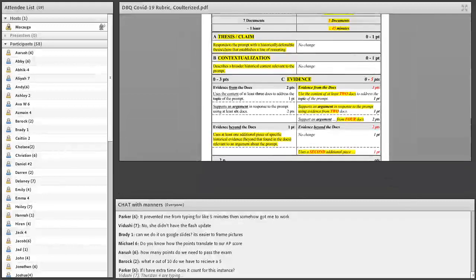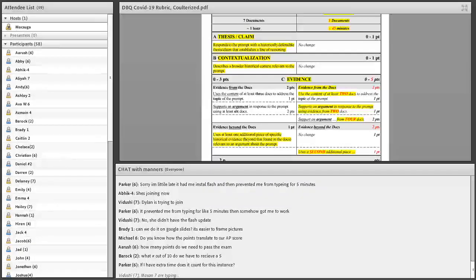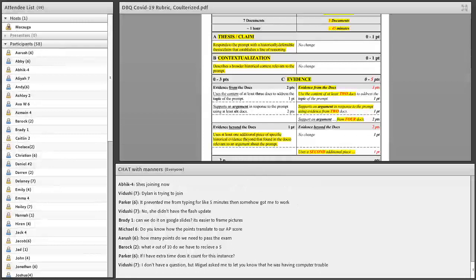So I don't know what number will translate to a 5, but I bet like 8 or 9 translates to a 5. And then like a 6 or 7 would translate to a 4. And then a 5 and 4 will probably translate to a 3.